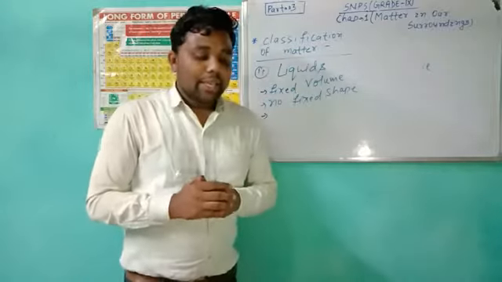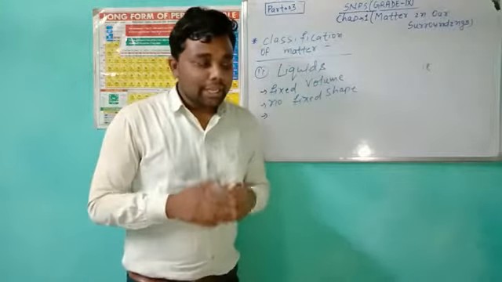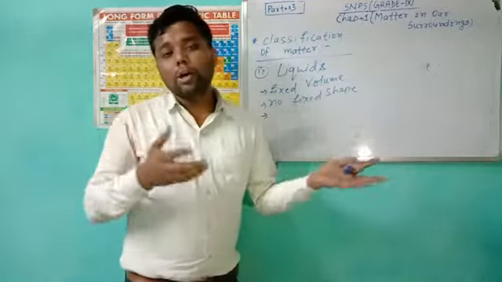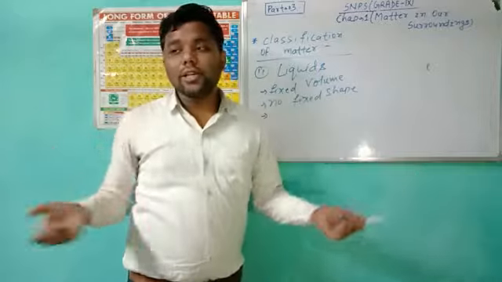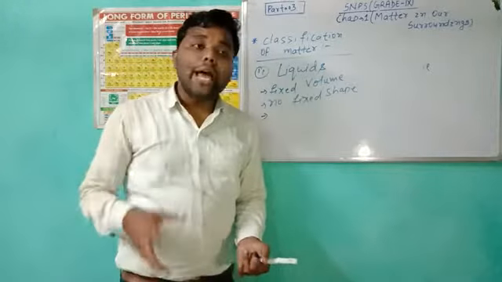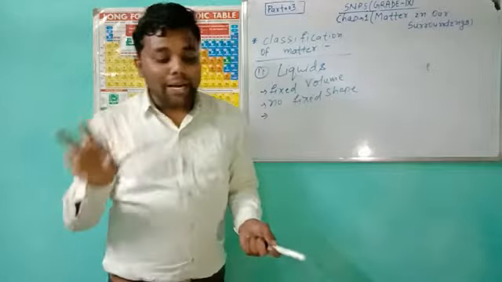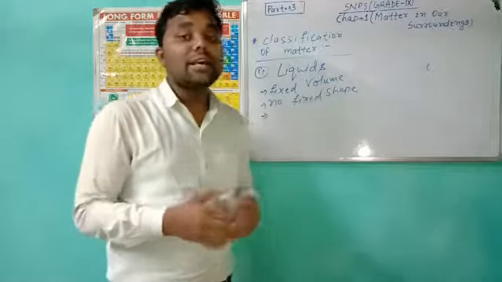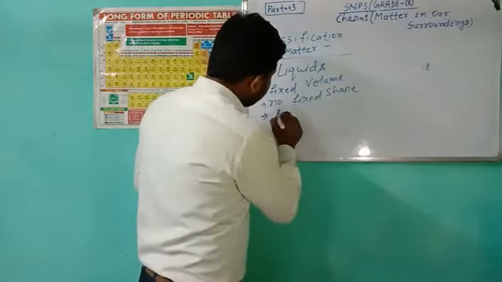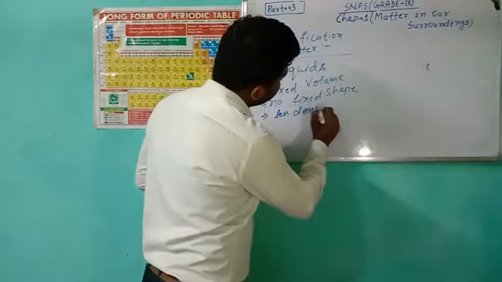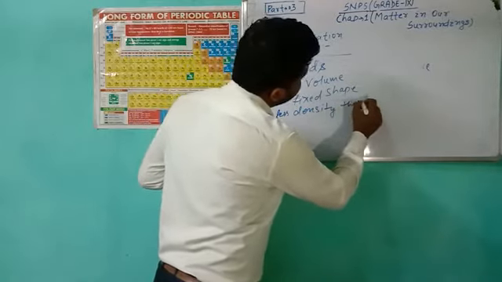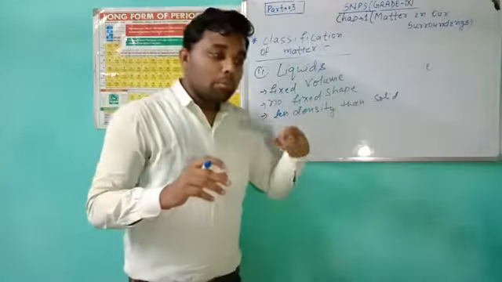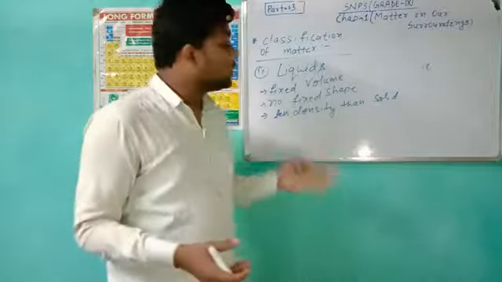Next point is, if we talk about the density, it is moderate. If we compare solids, liquids and gases, the density of liquid is moderate to high, but less than that of solids, because solids are a little bit heavier than liquids.